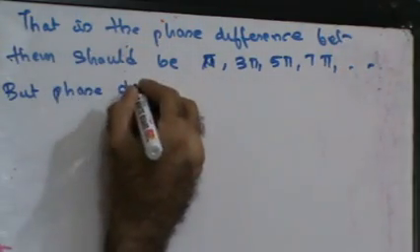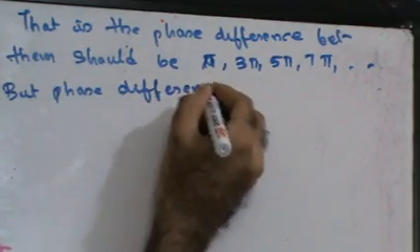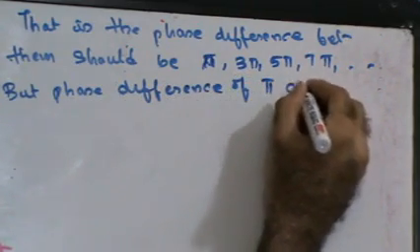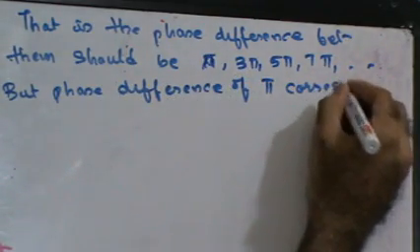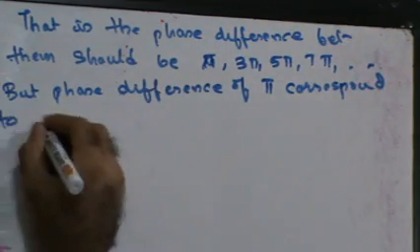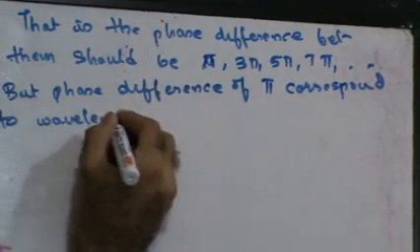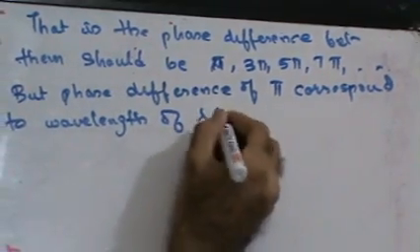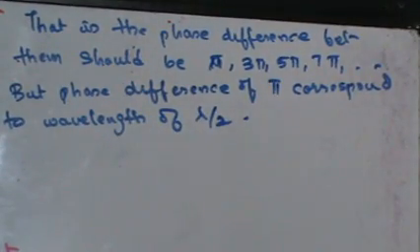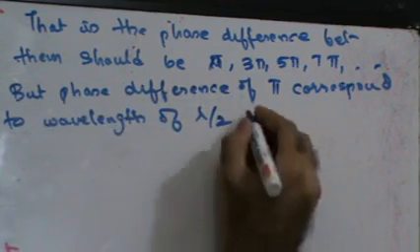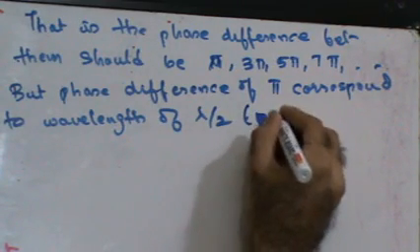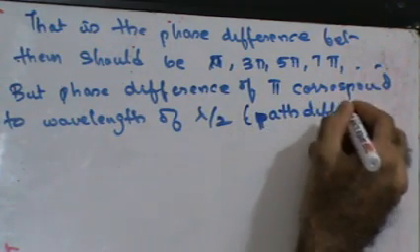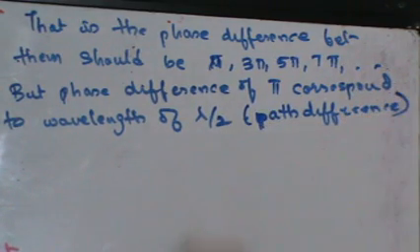A phase difference of pi corresponds to a path difference of lambda by 2. Right? If the phase difference is pi, that means the path difference should be lambda by 2.